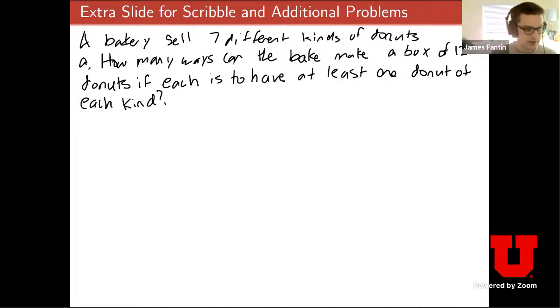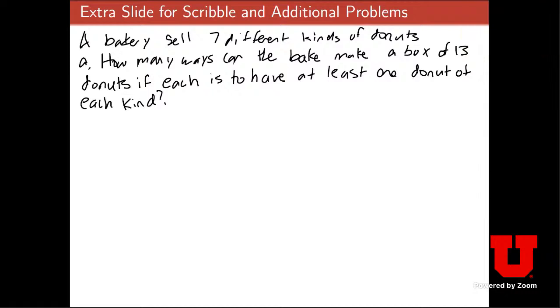So someone want to start out? How could we start approaching this problem? I made it into a problem that was similar to ones we've seen before, where we count the number of non-negative solutions to an equation. Yeah, but you have to do some processing up front to get it into that. Because if we have at least one of each kind, then we could assume that we're counting the number of additional donuts in each of our variables.